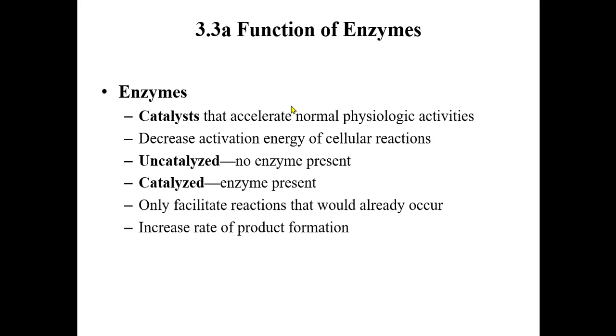So your chemical processes actually go faster by reducing the activation energy. Okay? They only facilitate reactions that would already occur. So they don't make things happen, they just make things happen more efficiently. That's what I'm getting at with enzymes. They just make things more likely to happen.